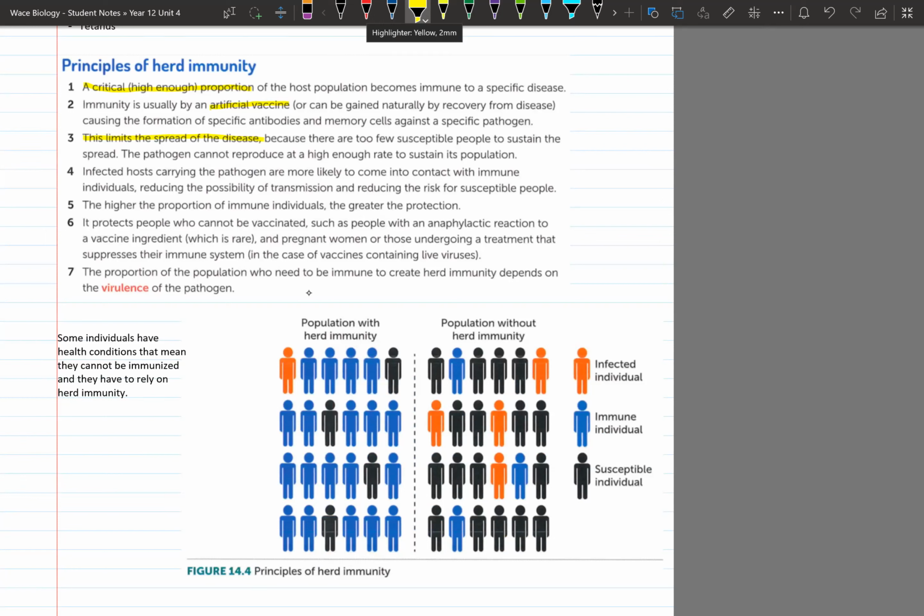Like I just mentioned before, more people are immune, so it's more difficult for the infected individuals to go and infect susceptible individuals. If you notice, in a population without herd immunity, there are a lot more susceptible individuals.